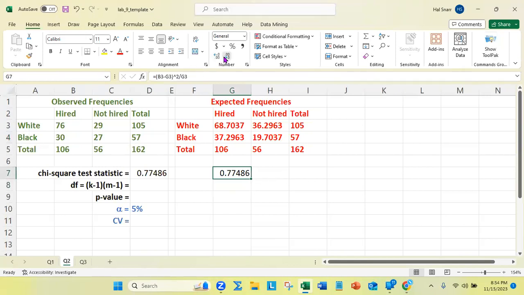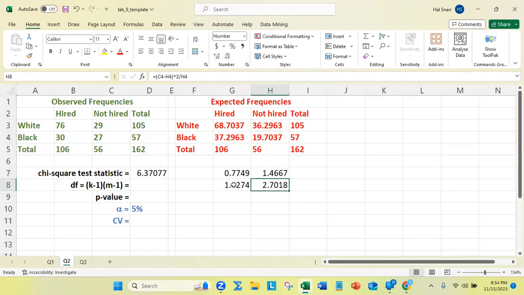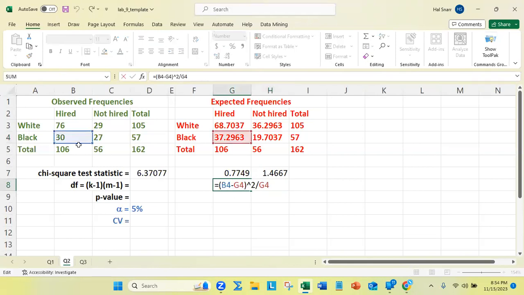0.77486. Let me round that to 2 decimal places. Now this is going to be quick. I'm going to pull that over here, and I'm going to pull it down here. Okay. So let's just look at what we got here. We have what we observe minus what we expect for white and not hired. We square that and we divide by our expected frequency, right? And then we have the observed frequency minus the expected frequency for the category black and hired.